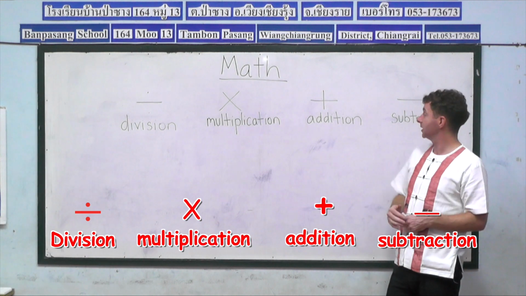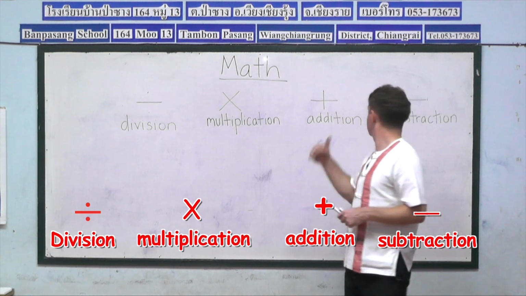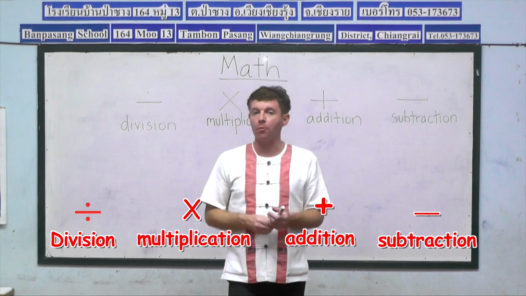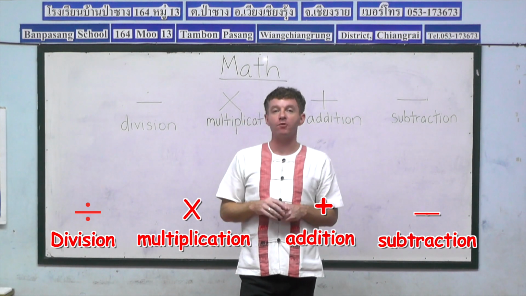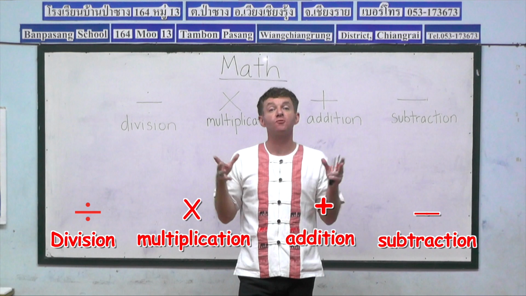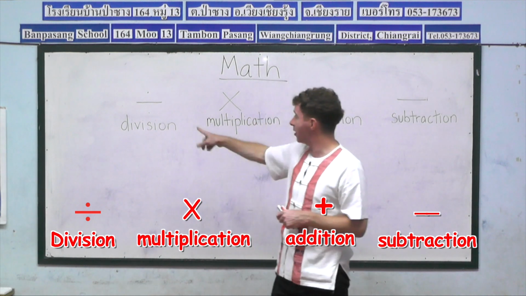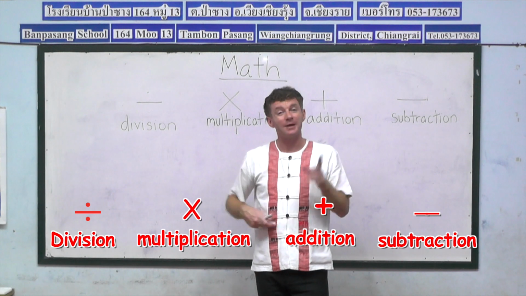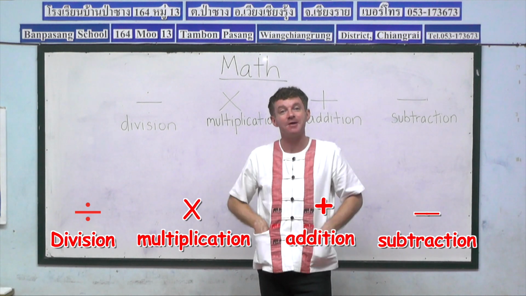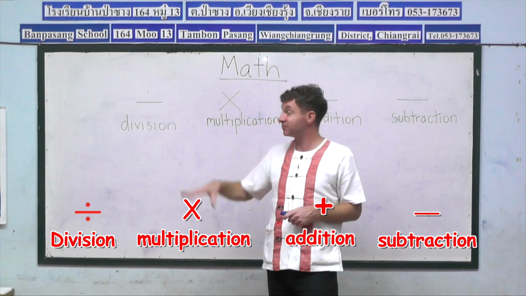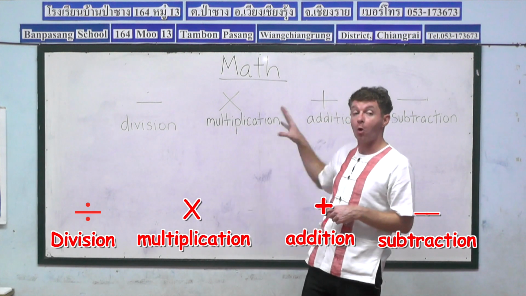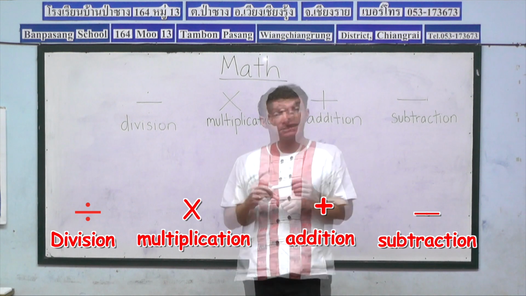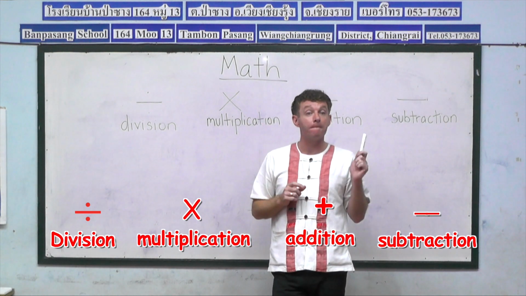The four main components of mathematics are represented by these symbols: division, multiplication, addition, and subtraction. But as we already know, sometimes we can do math problems that involve more than one of these different symbols. Can anybody remember the term given to math problems that combine two or more of the different mathematical operations?